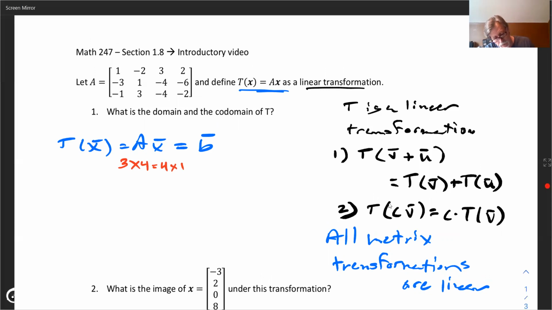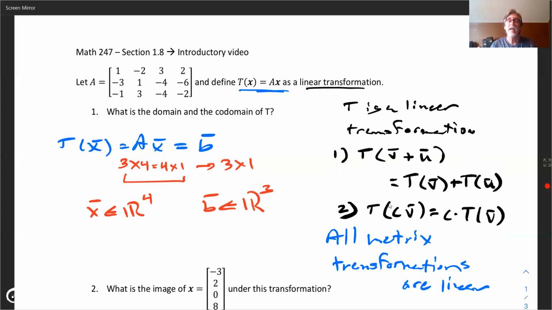And remember the other part? If you put these two numbers together, what it gives is the size of the product, which is 3 by 1. So X is an element of R4 because it's 4 by 1, and B is an element of R3, which is a 3 by 1, and X is in the domain.